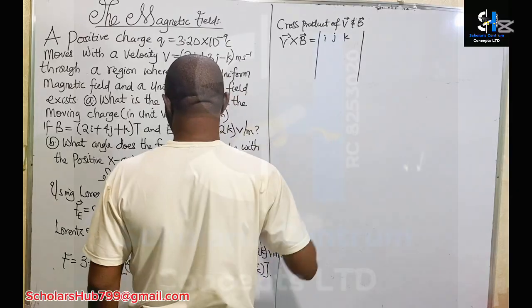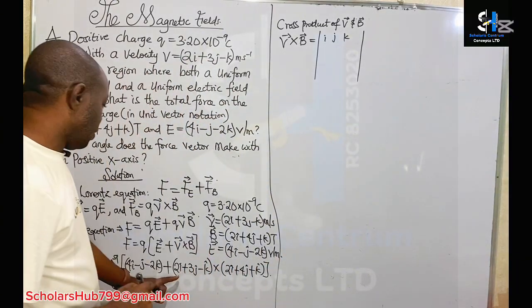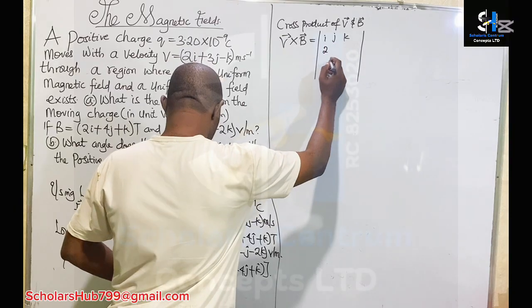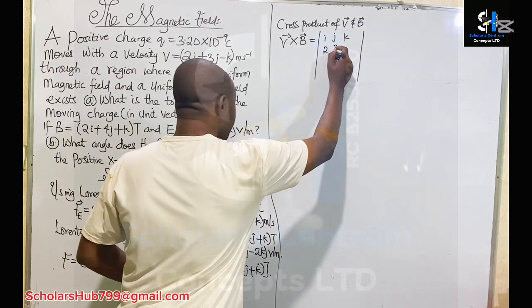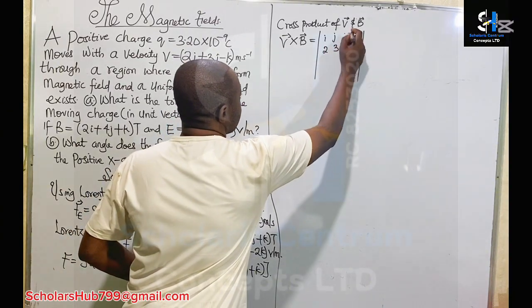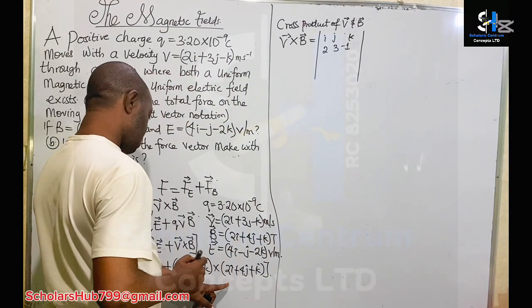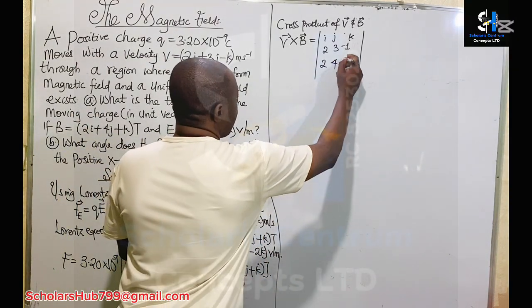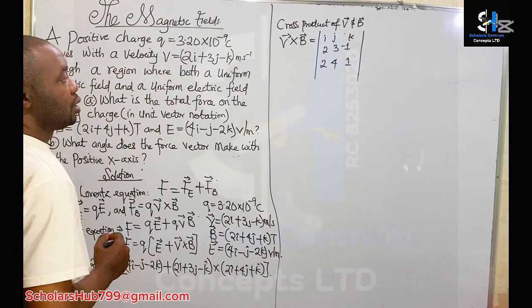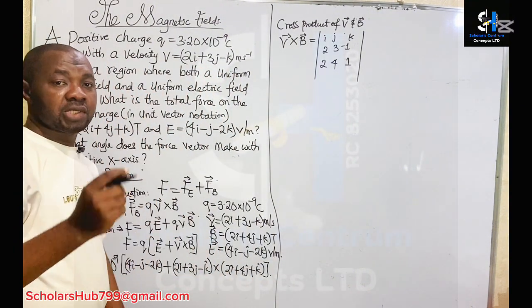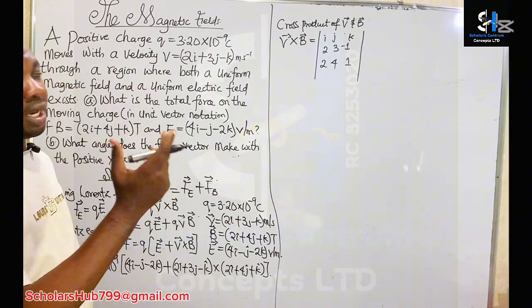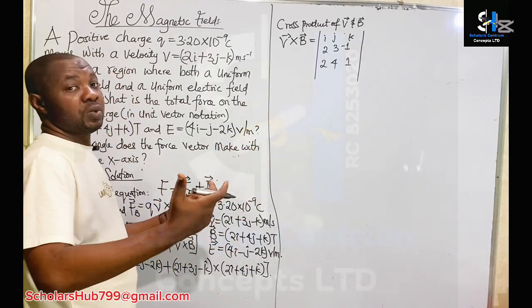For V, it is 2, 3, then minus 1. Then for B, it is 2, 4, and then 1. So now we want to get the third vector, which will replace the product of V and B, and that is the resultant vector.